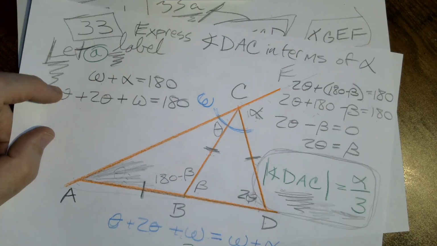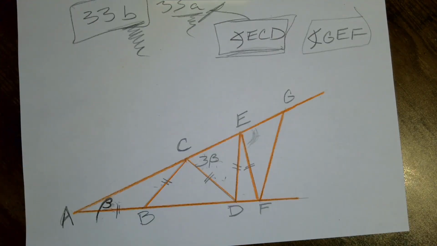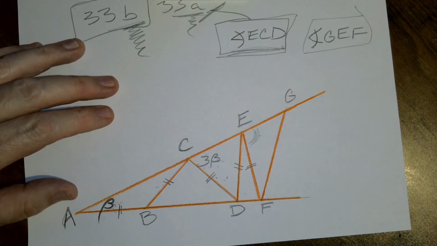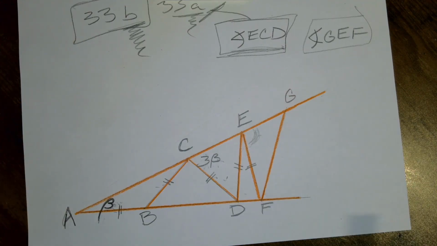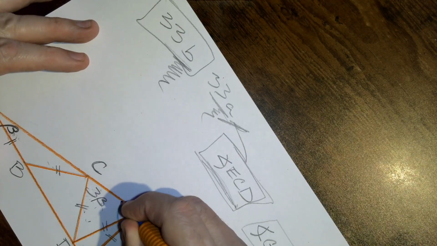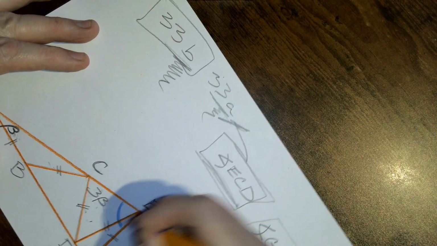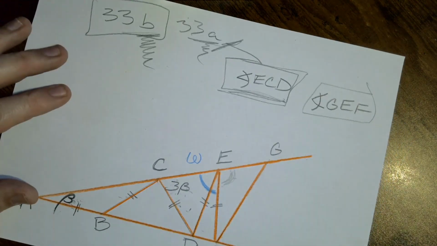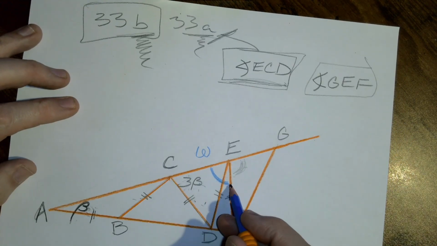I'll even use the same symbol, use the same colored pencil over here. Okay, so what we'll do is we're going to find... Oh, this is not the same colored pencil. Here's the blue one. Okay. So let's make this, let's call that omega. That angle right there.